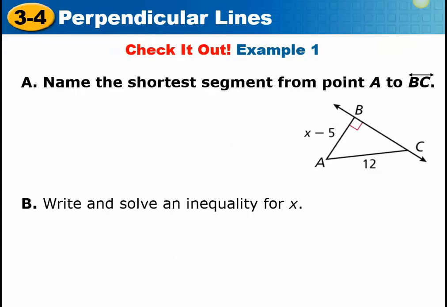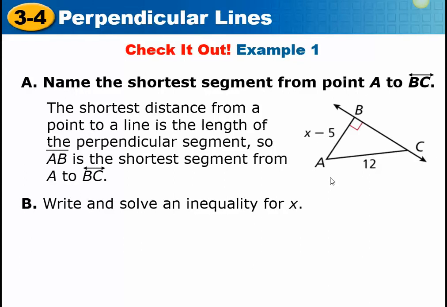Okay, here's another example. This time we are asked to find the shortest segment between point A right here and line BC. So is it x minus 5 or is it 12? Well, you pick the segment that is perpendicular to the line, and the segment that's perpendicular is the x minus 5.